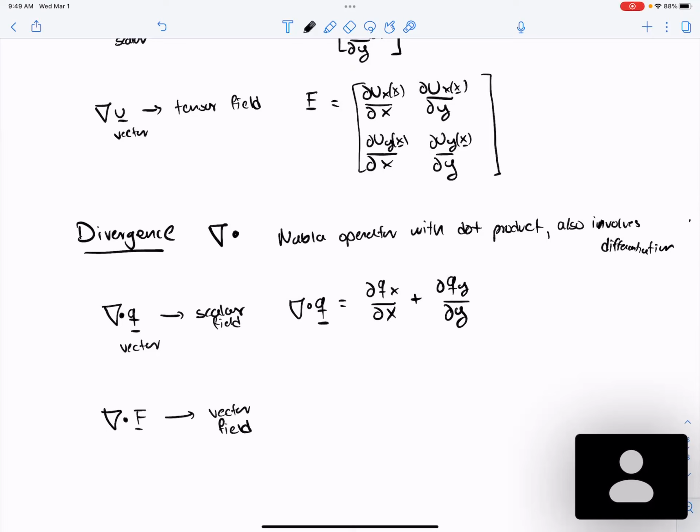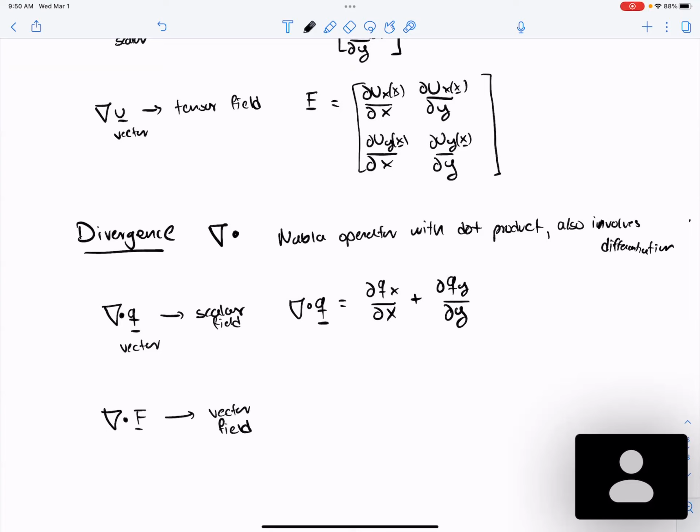So you can see that this is similar to a dot product, right? When you do a dot product of two vectors, you multiply their x components and add that to the multiplication of the y components, and the result is a scalar. So if you have two vectors and you do a dot product, you get a scalar. You can see maybe where this comes from.